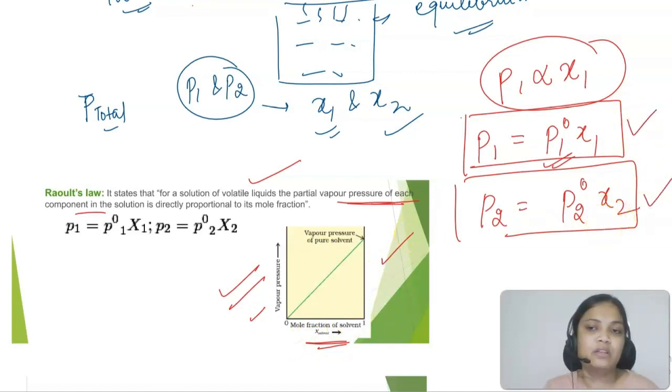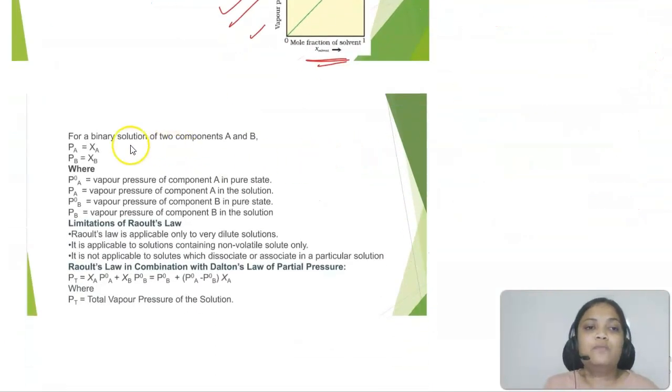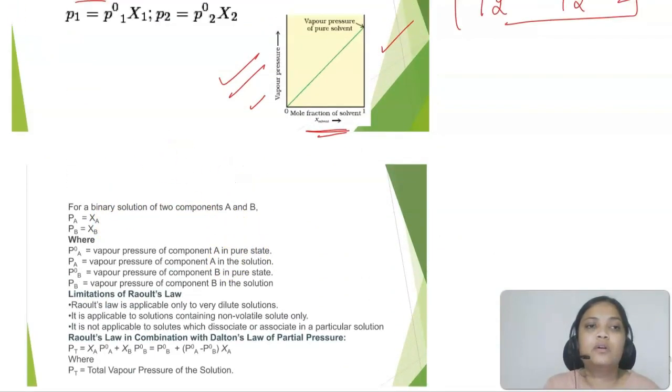So you have to remember these two formulas in this case. Now we have taken Raoult's law. If I talk about Dalton's law of partial pressure, the total pressure would be equal to the sum of the partial pressures of each of the components.